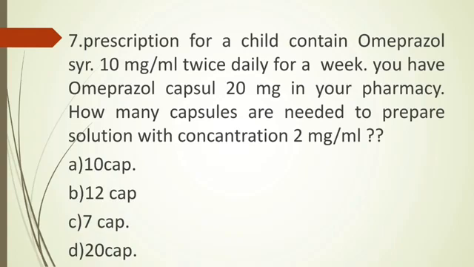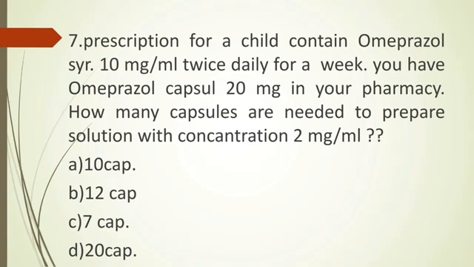So the prescription contains omeprazole syrup with dose 10 mg per ml twice daily for a week. So in a week the child has to take 10 mg per ml twice daily.